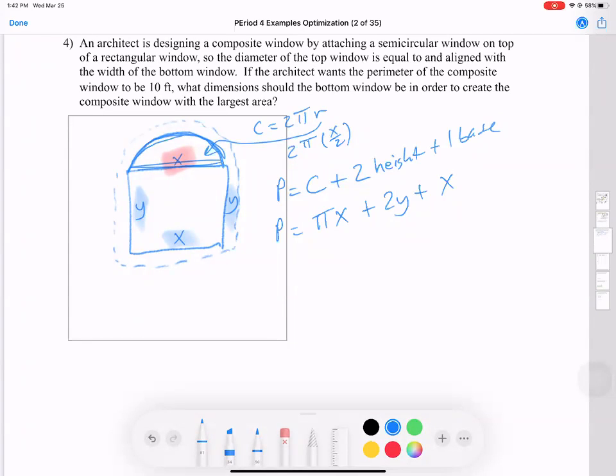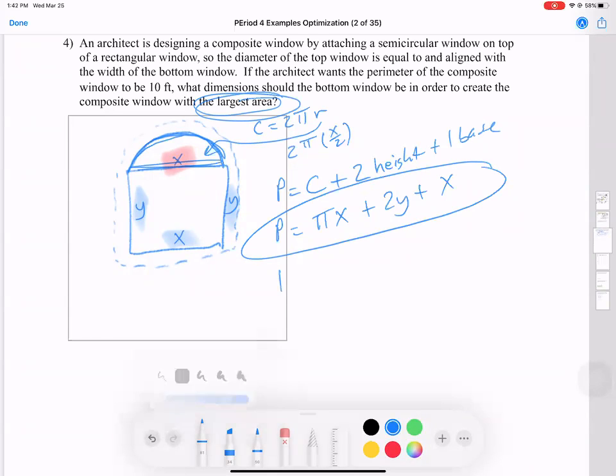Okay. And then now that we have the perimeter equation, it says maximize, find the largest area. Oh, shoot, the perimeter is equal to 10. So we know that this is equal to 10. Now, what are the dimensions of the bottom of the window in order to create the composite window with the largest area?